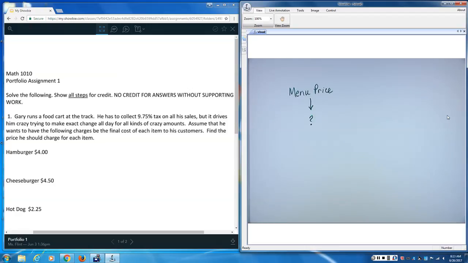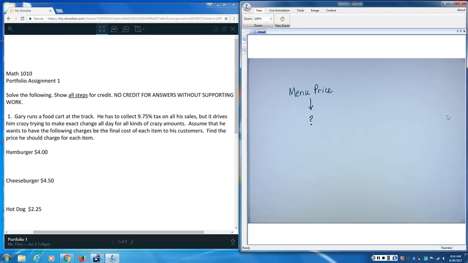Why is my final price higher than the $2? They added sales tax. Did they charge me sales tax on the $2.19? No. They charged me sales tax on the $2. Okay?